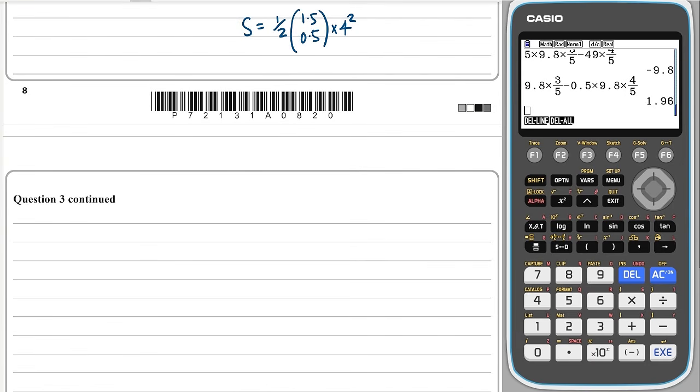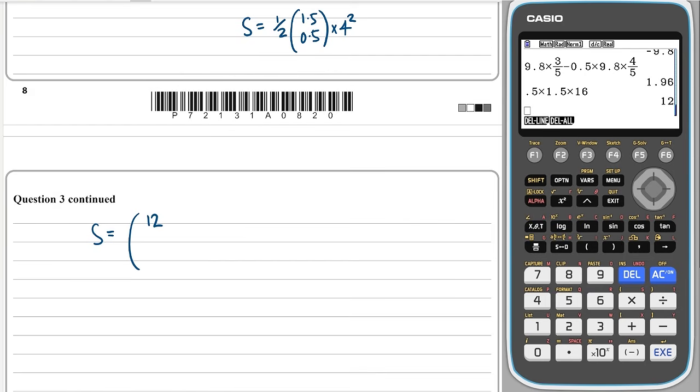Okay, so let's say that S is equal to, calculator out, 0.5 times 1.5 times 4 squared is 16, gives me 12. And a half times 4 squared is 4.